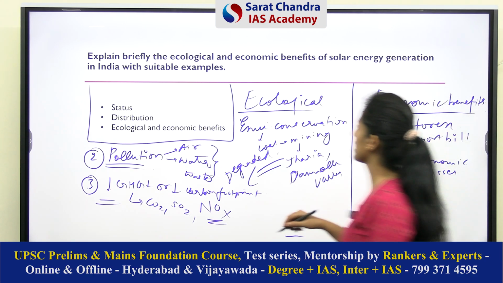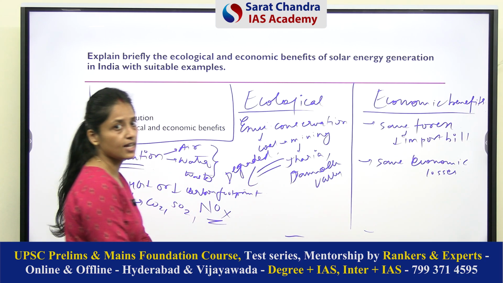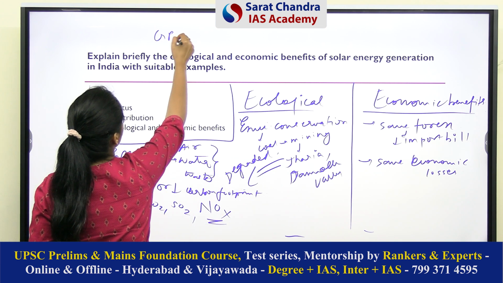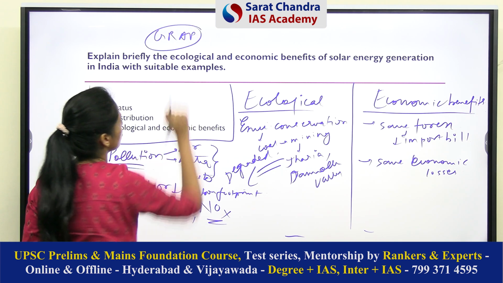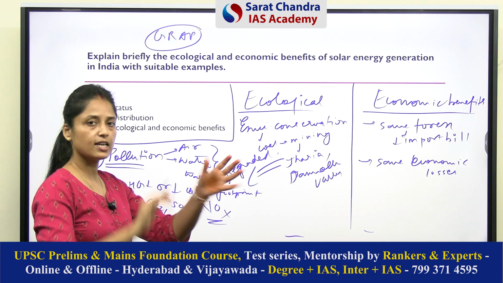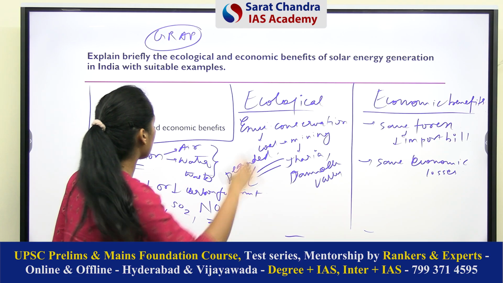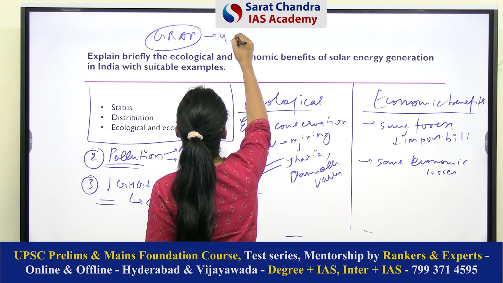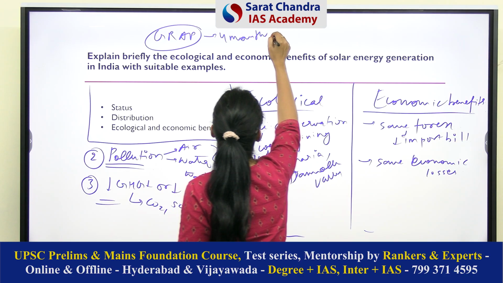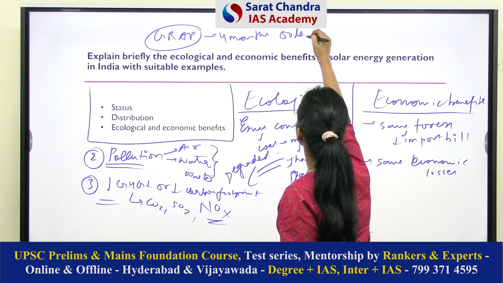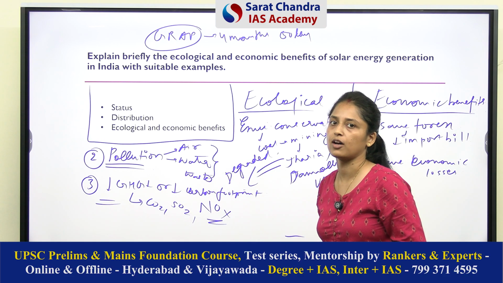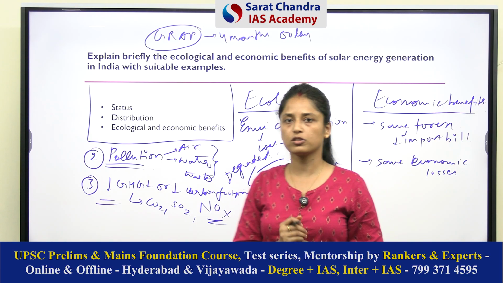I will explain this with an example about the economic losses. See, the Graded Response Action Plan was launched to deal with the issue of pollution in the Delhi NCR region. So last year what happened? Out of 4 months, for around 50 days, thermal power plants were shut down because the quality of air was reducing.